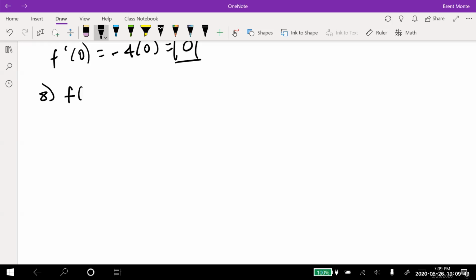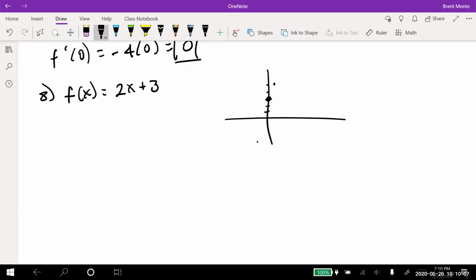So this is problem 8, and this is a much simpler one. This is just 2x plus 3. And from what I said before, notice that's a line. The slope is 2. The tangent line should also be 2. They want us to do all those steps, but the graph looks like this. We're at 3, we go up 2 and right 1.